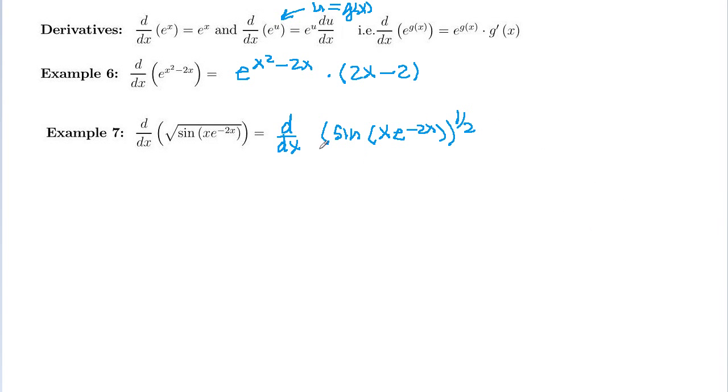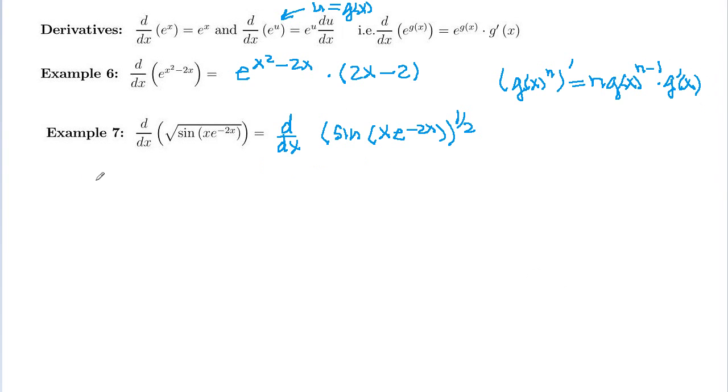So this is going to be a power rule for functions, and remember that if you've got a function g of x to the n power, and you find the derivative of that, you get n g of x to the n minus 1. So the exponent comes down, decrease the exponent, and then times g prime of x, the derivative of the inside.